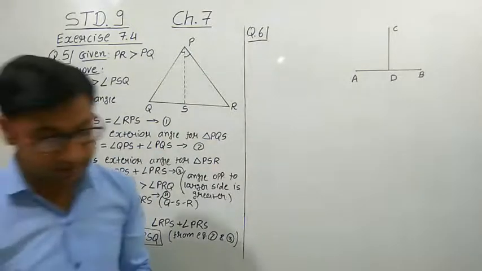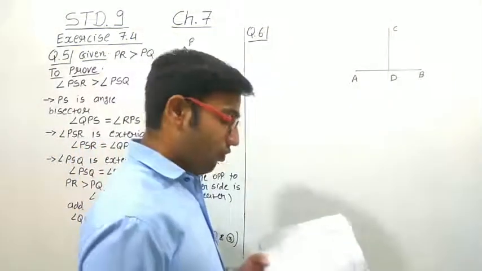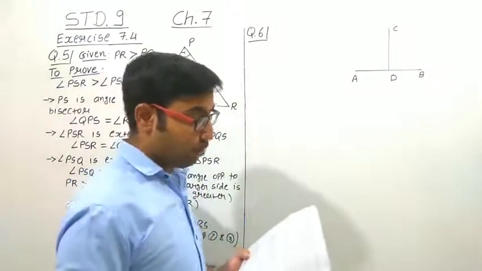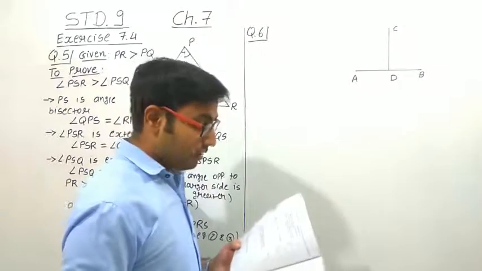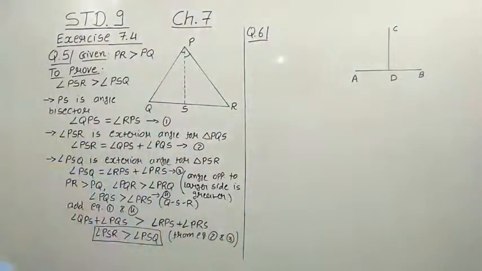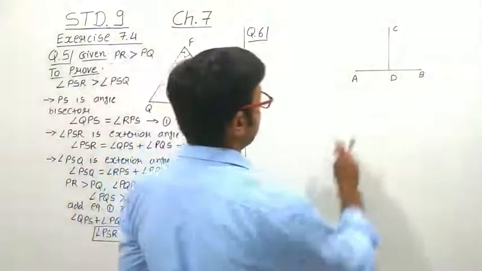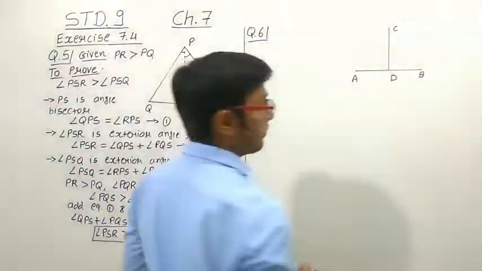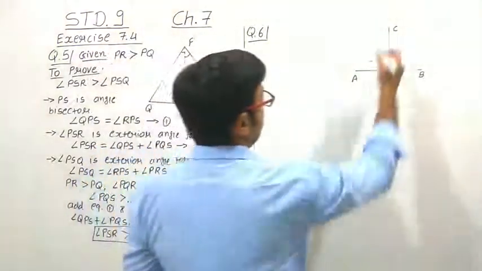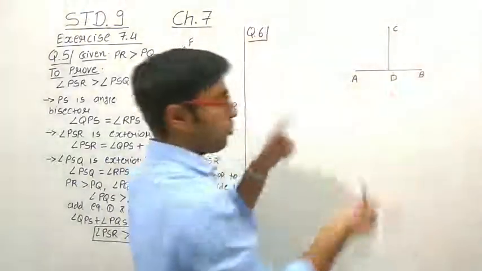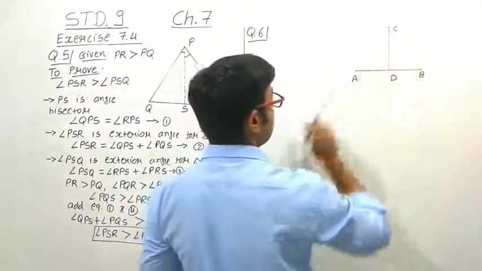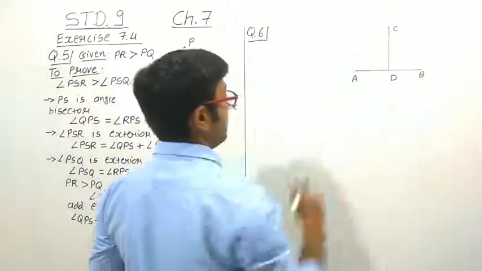Let us study question number 6. Question number 6 is to show that of all line segments drawn from a given point not on it, the perpendicular line segment is the shortest. Suppose we have a line segment AB, and we consider a point C which is not on this line segment AB, above it.